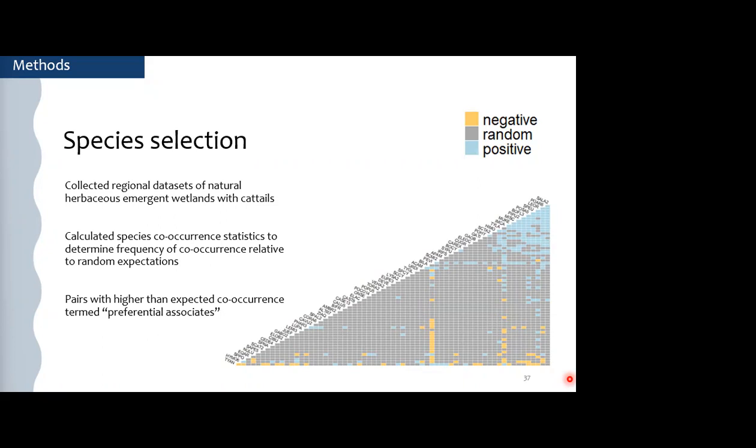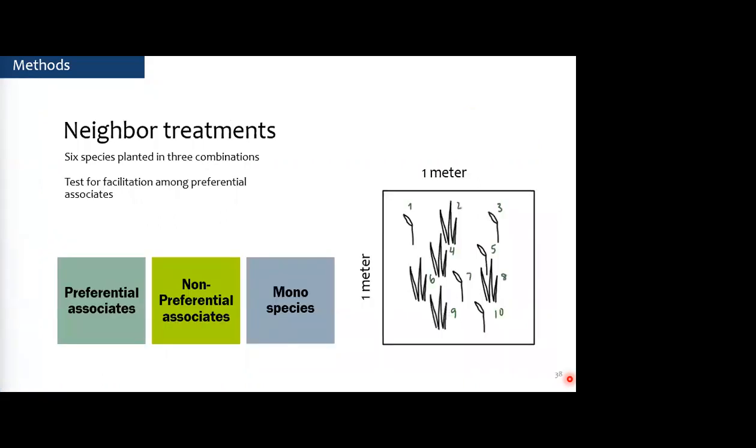So I used these statistics to select 6 species in 3 pairs of preferential associates. And then I made 3 types of neighbor treatments. So the first one was the preferential associate. The second treatment was non-preferential associate.